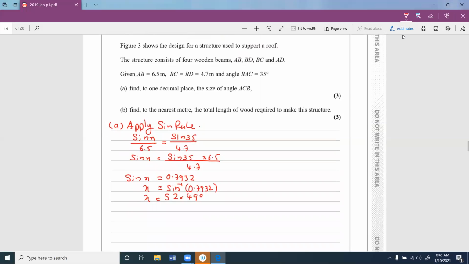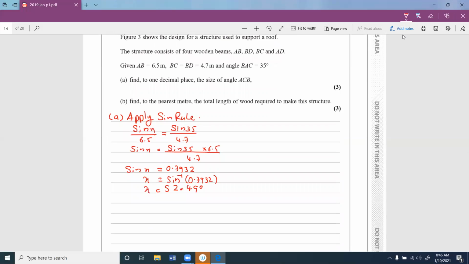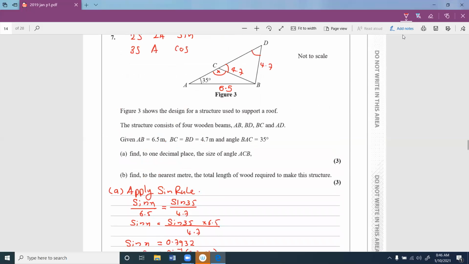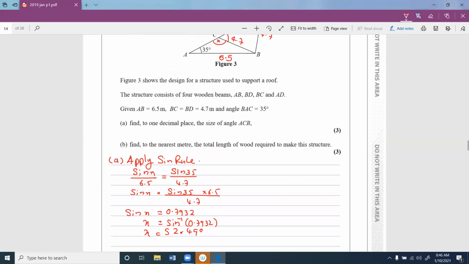This is just like a 3-mark question, therefore the answer ends here. But you can understand there is a small issue. This angle came to 52.49, but you can see this angle is an obtuse angle, so obviously it cannot be 52.49. Therefore, we have to go with the second angle of sine.